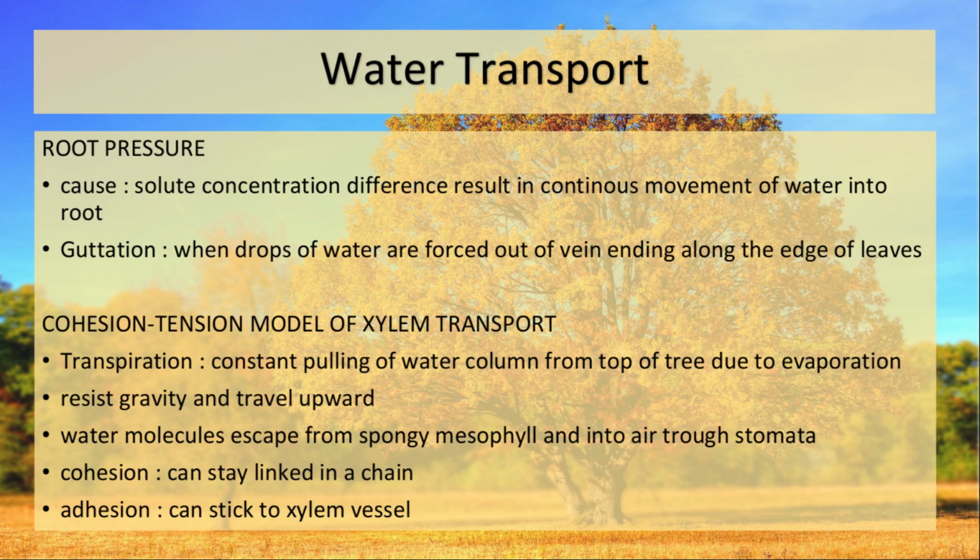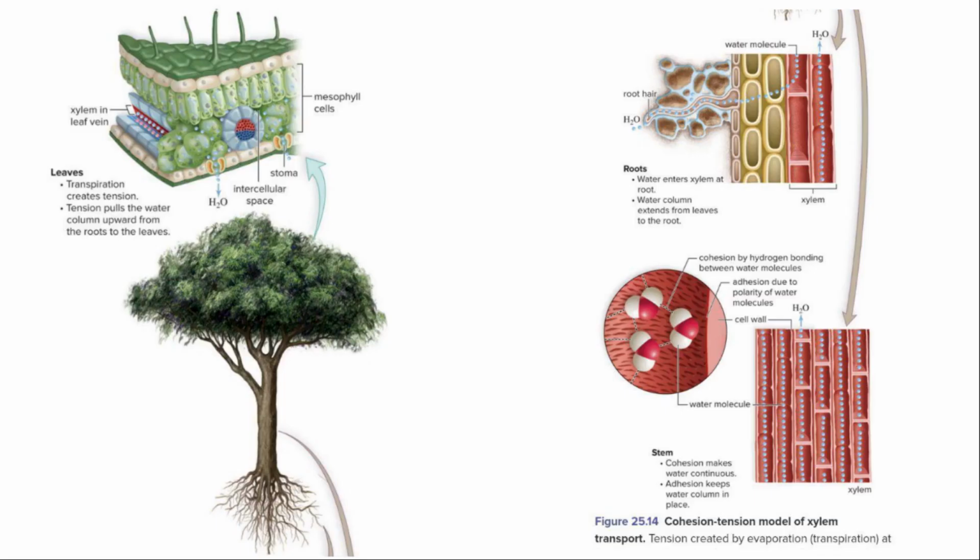These water molecules resist gravity and travel upward. Water molecules escape from the spongy mesophyll and into the air through stomata. Water has strong cohesion, which makes the molecules stay linked in a chain. Water also has adhesion ability. This can make water molecules stick to xylem vessels.